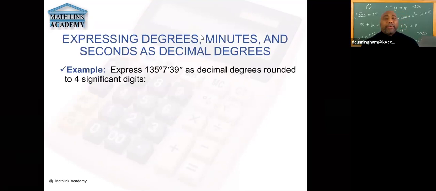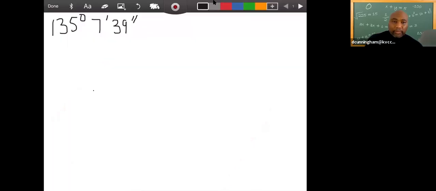So here's our example. Express 135 degrees, 7 minutes, and 39 seconds as a decimal degree, and we want to round it off to 4 significant digits. So let's do this particular problem. Here's our problem, 139 degrees, 7 minutes, and 39 seconds.